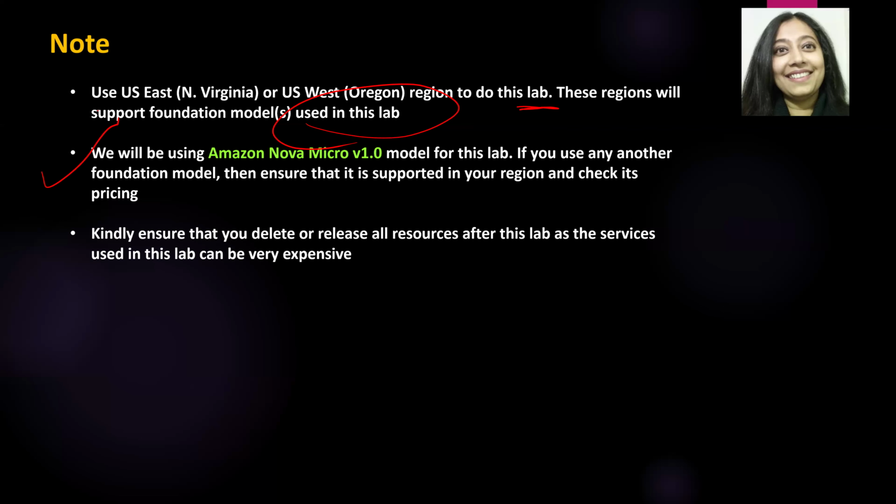If you are using any other foundation model, you are free to do that, but just ensure that it's supported in your region and most importantly, check its pricing. These services and some of the models that we use are extremely expensive. So please ensure that you check the pricing, otherwise you can get burnt.